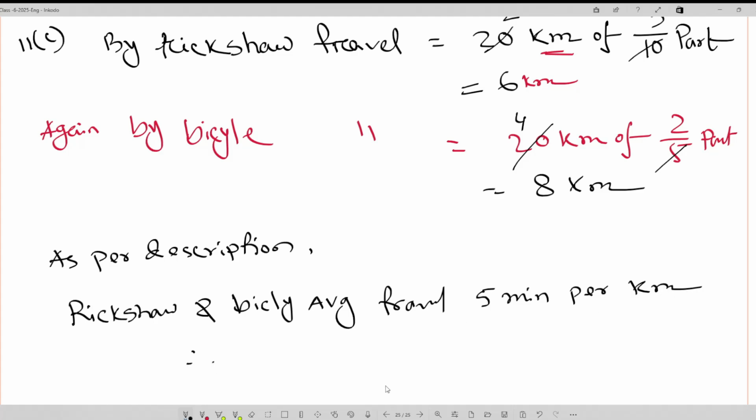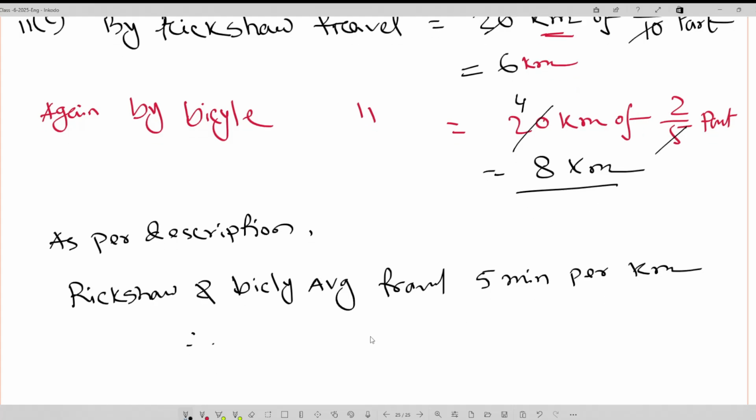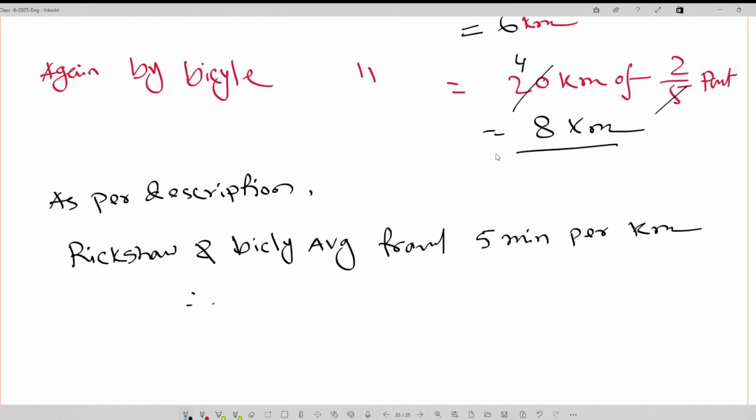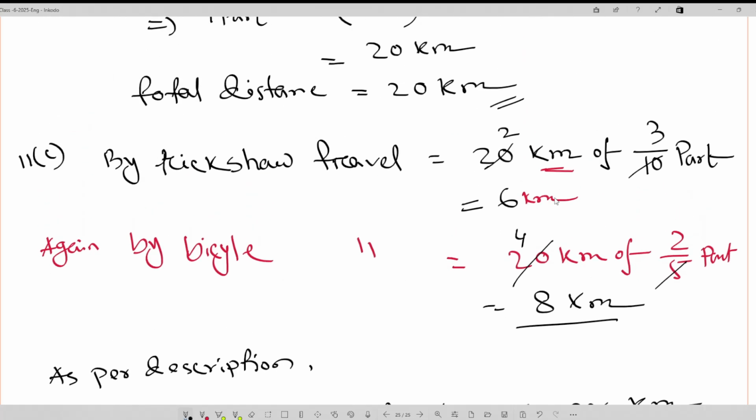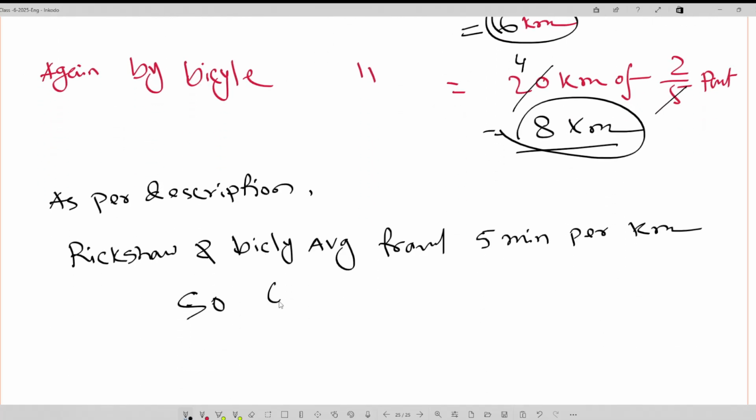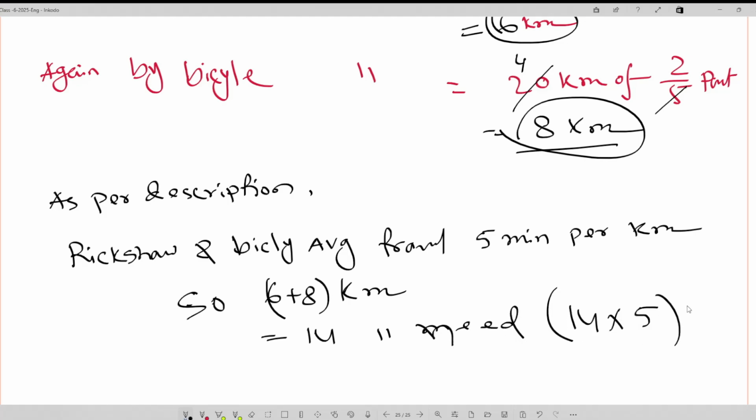Rickshaw is 6 kilometers and bicycle is 8 kilometers, so 6 plus 8 means 14 kilometers are needed. 14 times 5 minutes means 70 minutes.